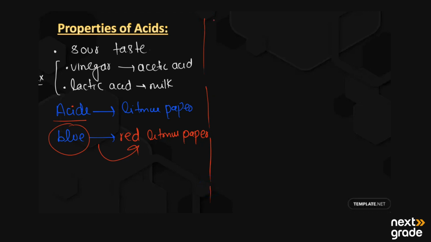Next, acids can corrode active metals. Now, what does it mean to corrode active metals?